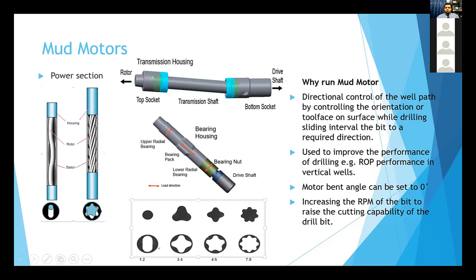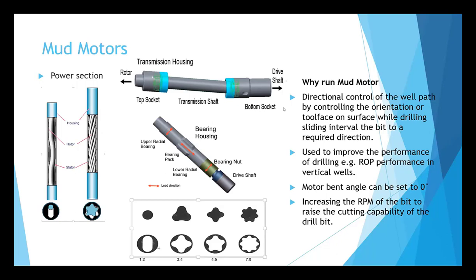But if you use helical-shaped lobes, which can be 5:6, then you can achieve high torque and lower speed. Whenever the rotor has a number of lobes, the rotor lobes are always one more than the stator lobes.